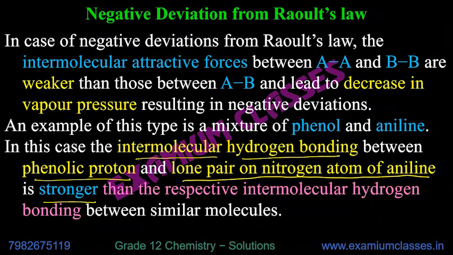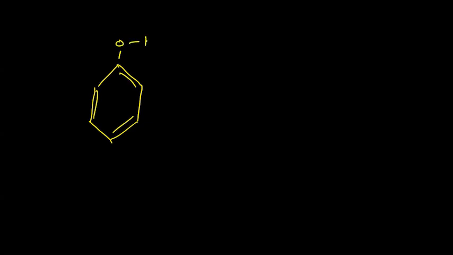How? Understand it. So it is OH, partial negative charge, partial positive charge. And you have another molecule of aniline, NH2.